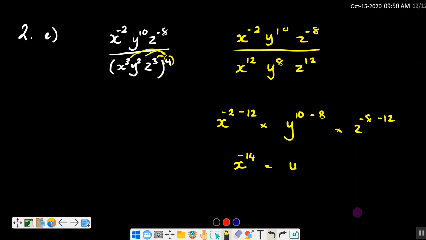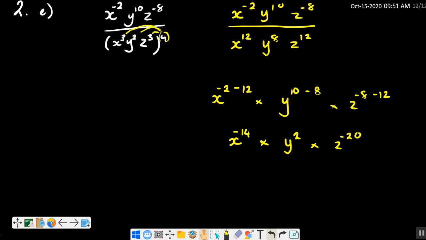Then we've got y to the power of 10 subtract 8 is 2. Okay? And then we've got z and negative 8 subtract 12. Negative 20. Good. All right. So now that's all kind of simplified. So what can we do at this stage? Well, this is where Niall's pretty good.